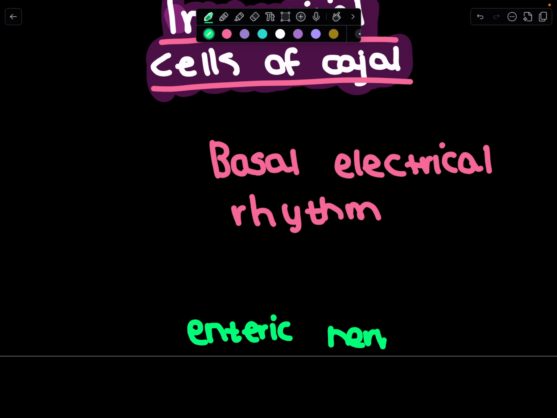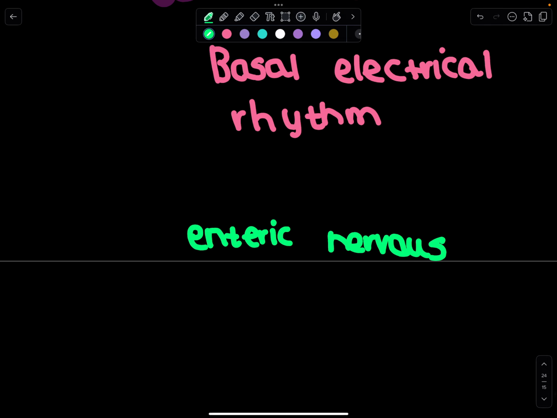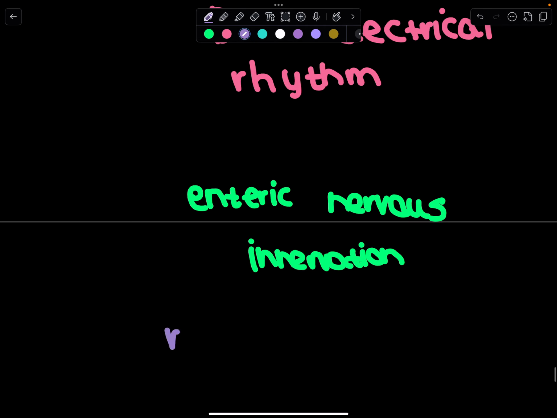Let's talk about enteric nervous innervation connected to nutrients, stretch, pH, and osmolarity. The enteric nervous system, ENS, a network of neurons in the GI tract wall, controls motility and responds to nutrients, stretch, pH, and osmolarity to fine-tune digestion.